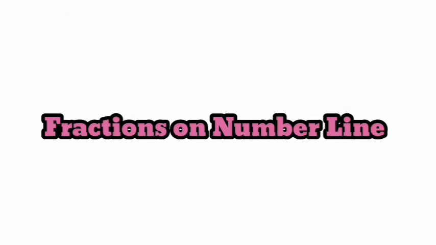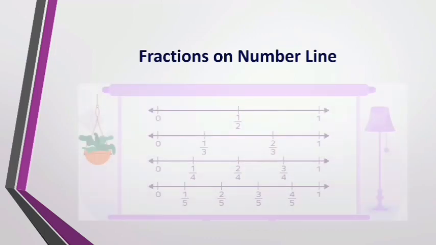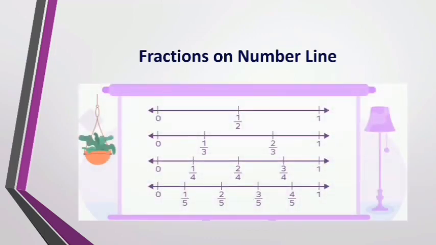Now fractions can be represented on the number line as well. For example, as you can see, the scale starts from 0, 1, 2, 3 and so on. But in between 0 and 1, we have some middle marks. So 0 to 1, the central point should be divided into half, 1 by 2. Now, the second is 1 by 3 and 2 by 3.